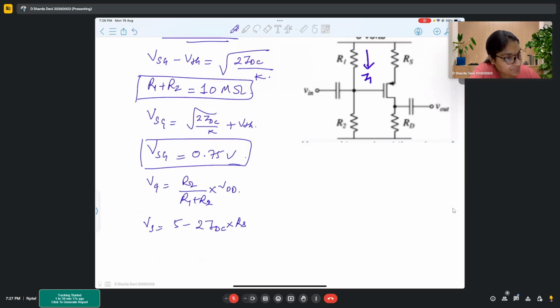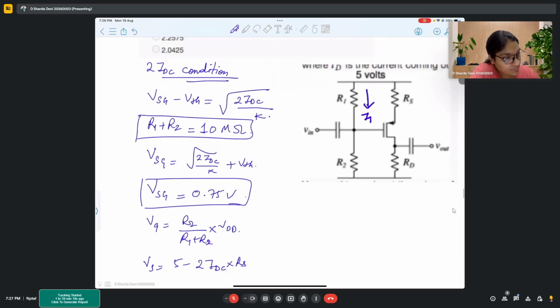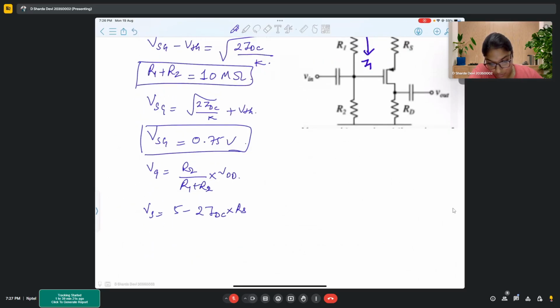By solving this, we know IDC, we know RS.